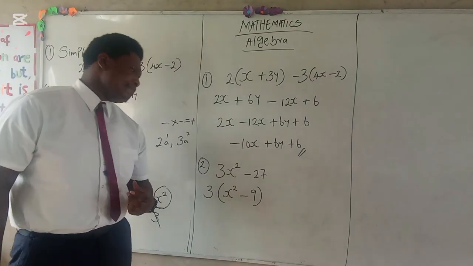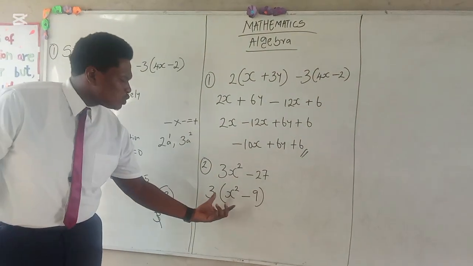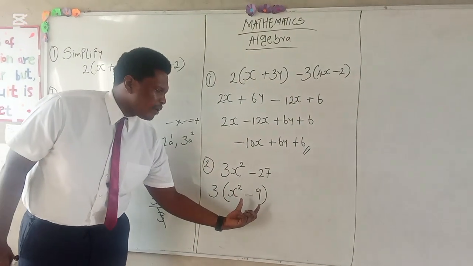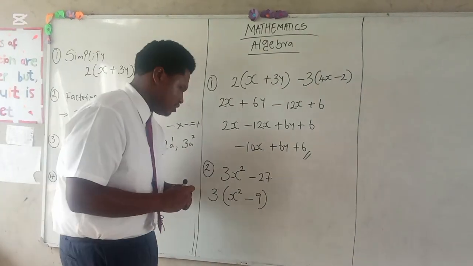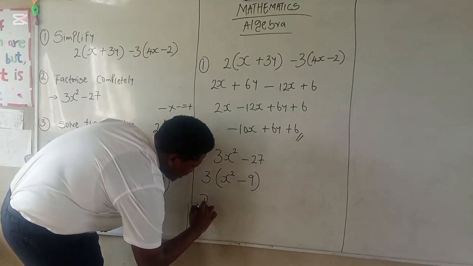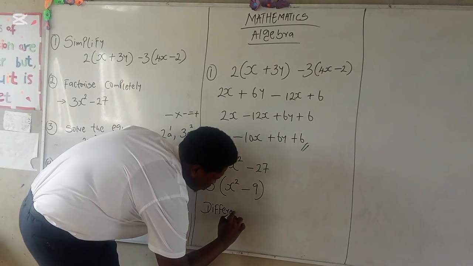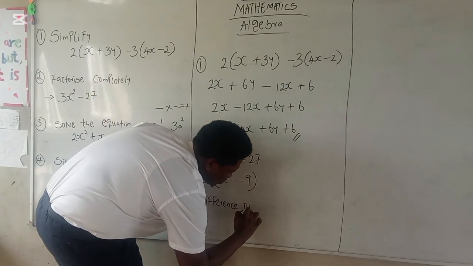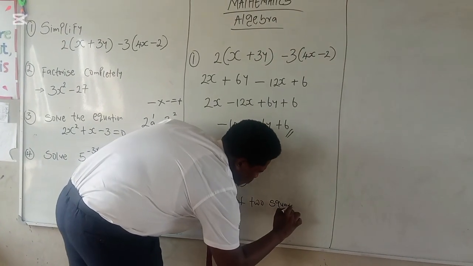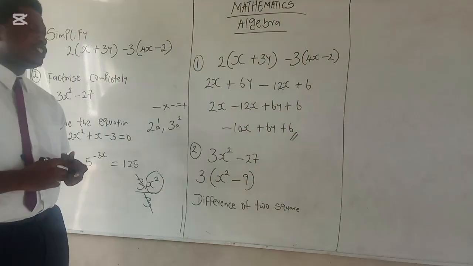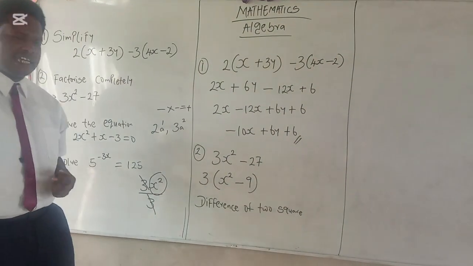Now the next step, if we look at what is inside the bracket, we have to recognize the presence of difference of 2 squares. At this point, we're going to be using the difference of 2 squares to be able to expand the bracket.